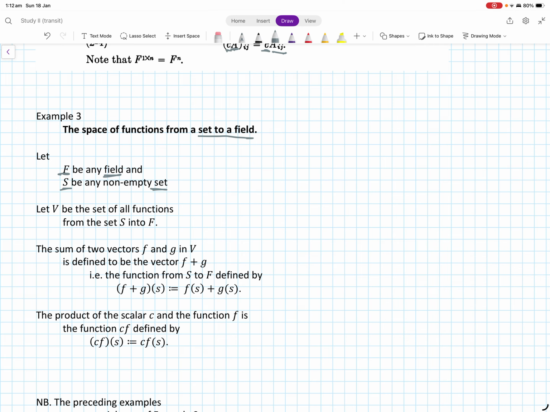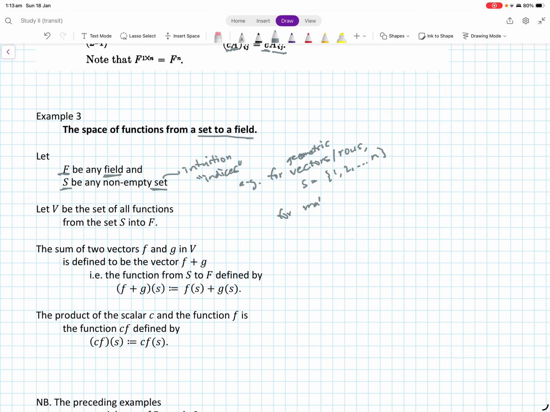Okay, so intuitively, one can think of S as indices, basically. For example, for geometric vectors, rows or columns, S would be 1, 2, whatever, up to n.